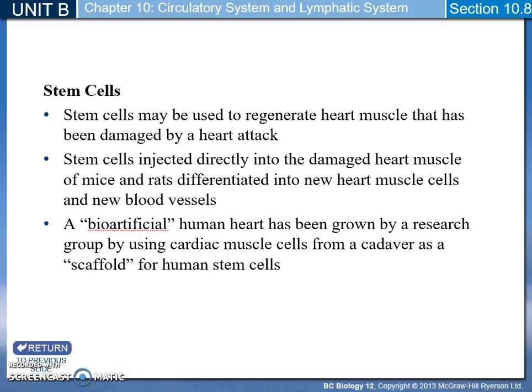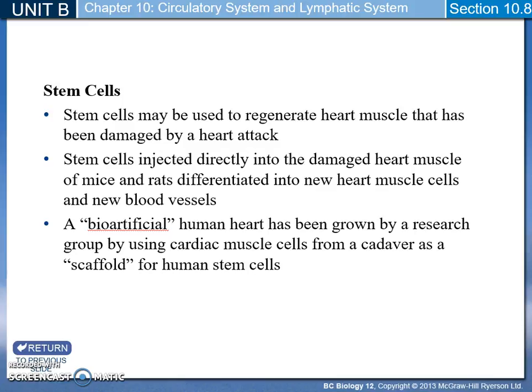So stem cells, they have also been used to regenerate heart muscle. Stem cells injected directly into the damaged heart muscle of mice and rats differentiated into new heart muscle cells. I don't believe this has been attempted so much with humans yet.